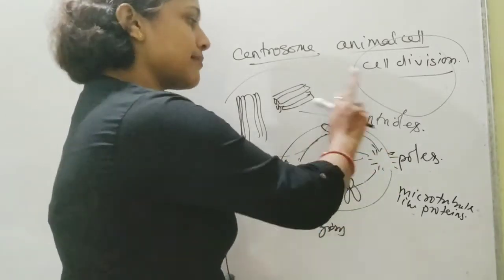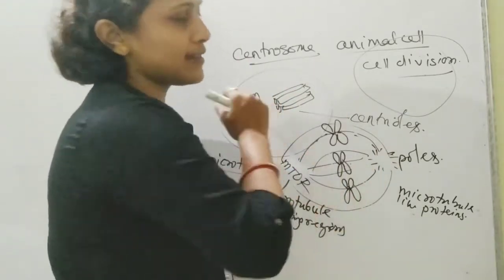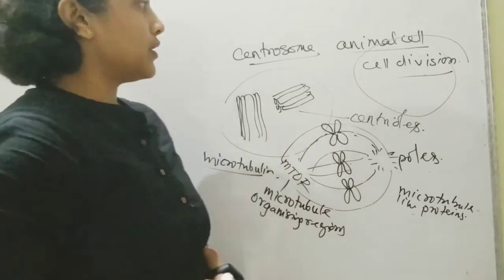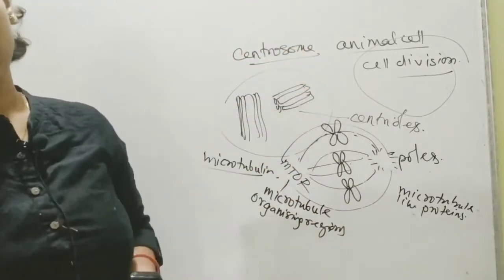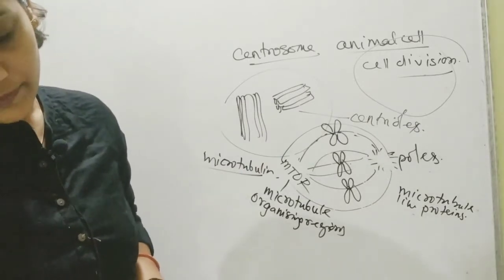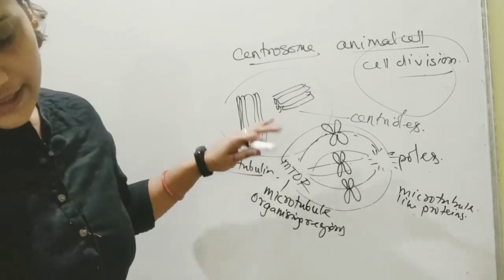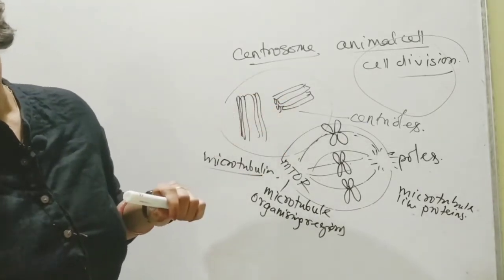From here the microtubule-like structures come out, which are the spindle fibers, and again in the plant cell the chromosomes fix themselves. That's how the centrosome and the centrioles present in the centrosome help the cell carry out cell division. And again I specify, it is only present in the animal cell.